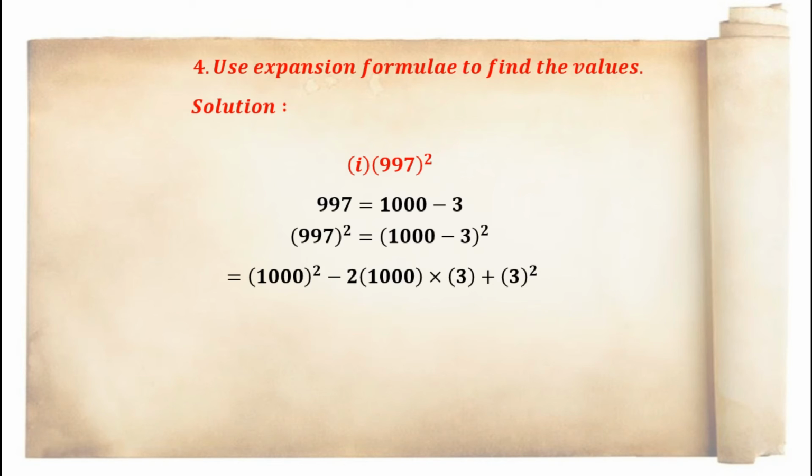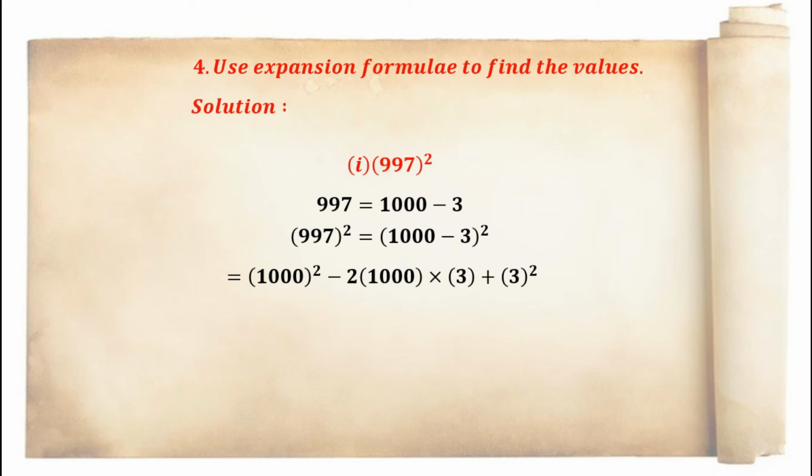After putting into the formula, we see that 1000 square minus 2 into bracket 1000 into 3, plus 3 raised to 2. So 1000 into 3 will be 3000, and 3 raised to 2 means 9. 3000 into 2 will be 6000, and 1000 square will be 10 lakhs.